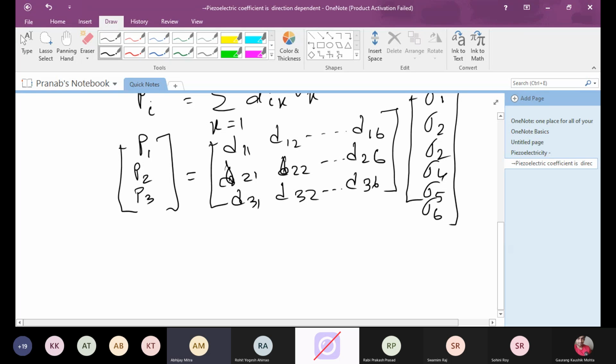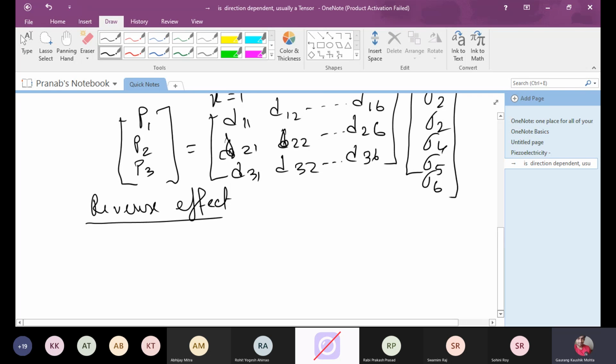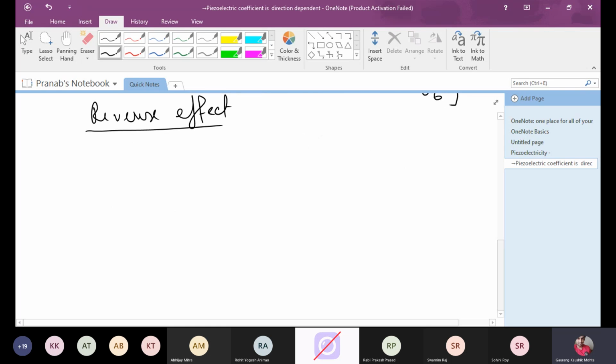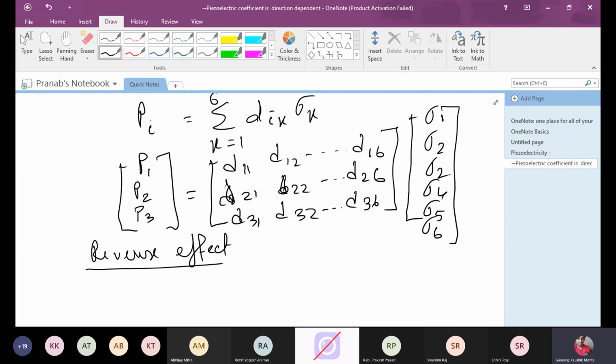So what are P1, P2 and P3? Those are the polarizations. If sigma 1 is applied, that is axial stress in the one direction, then the displaced charge polarization P1 is related via D11.